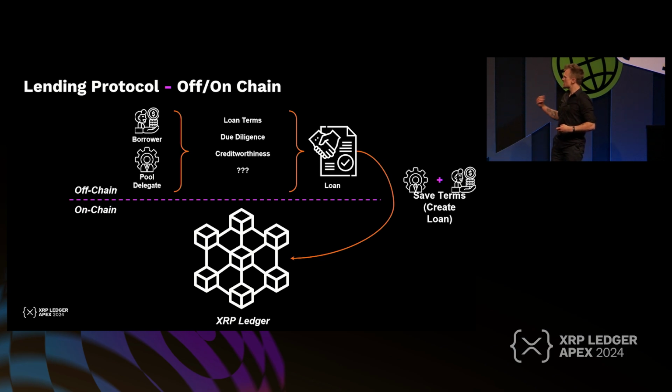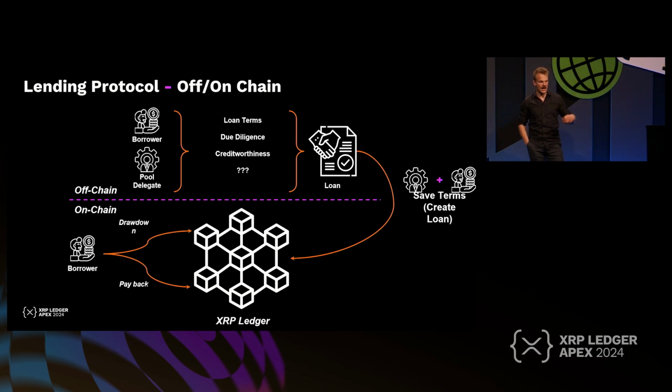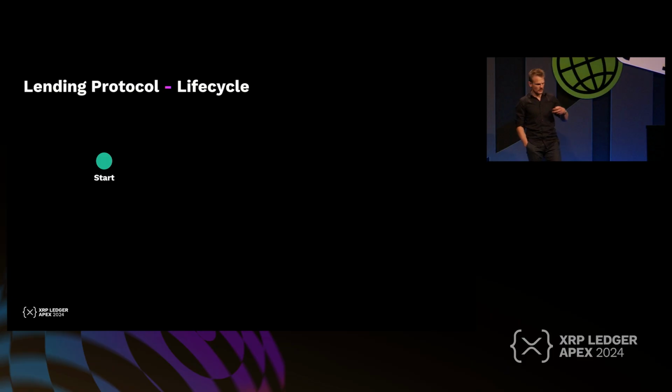Once the terms are saved on chain, then the borrower can start drawing down from the funds and paying back the loan. So what is the life cycle of the loan? Well, at the very beginning, we have the start. So this is day 0 of the loan.